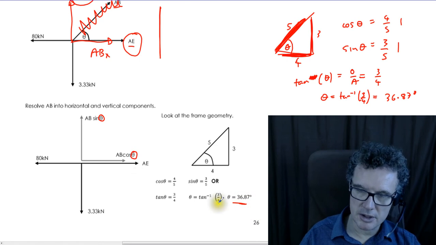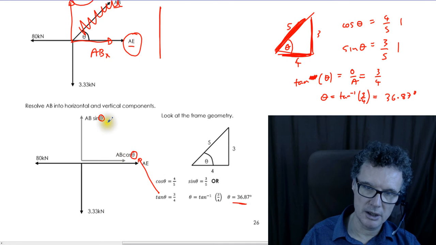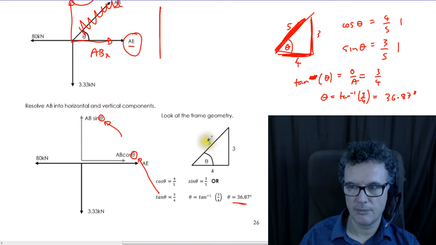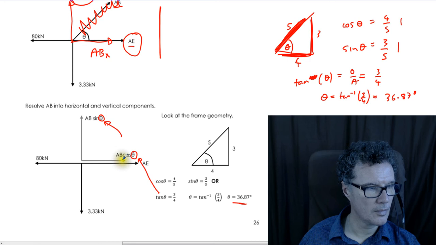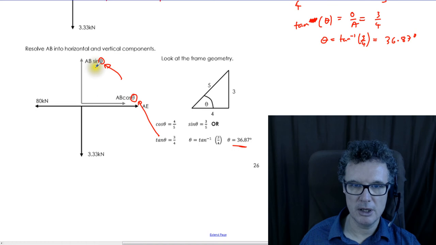Some students like to use that value and then substitute it back into these two terms here and here. So you play with your geometry. Maybe you're going to split up your AB and create a new free body diagram. As I said, I tend to skip that step.